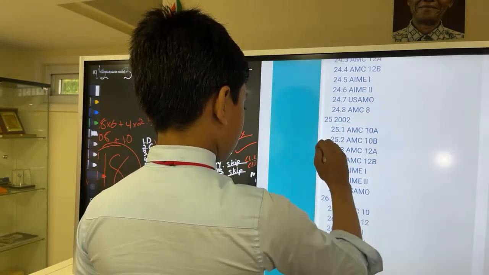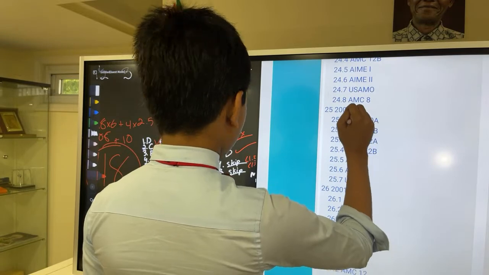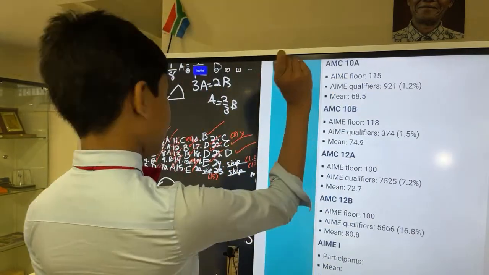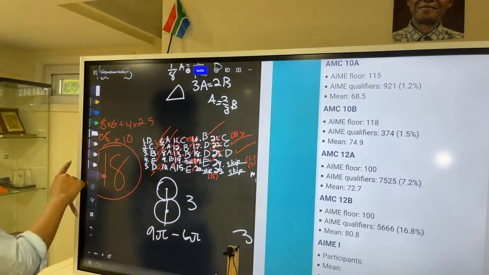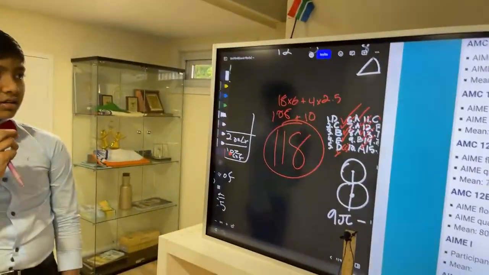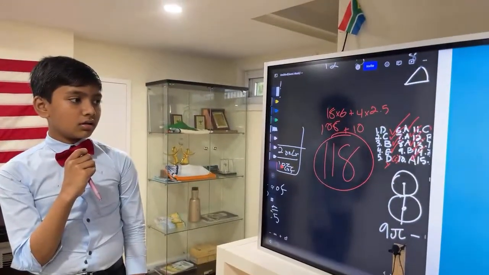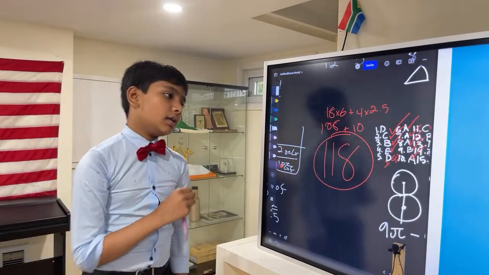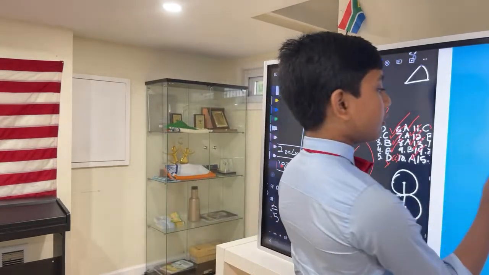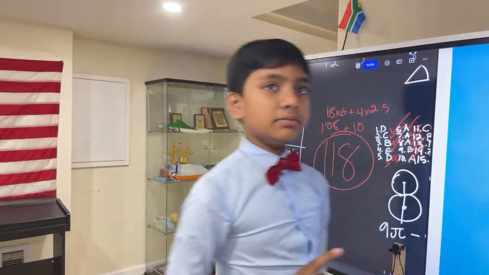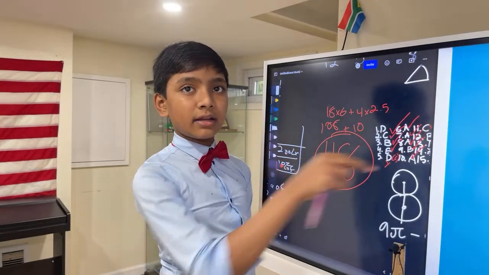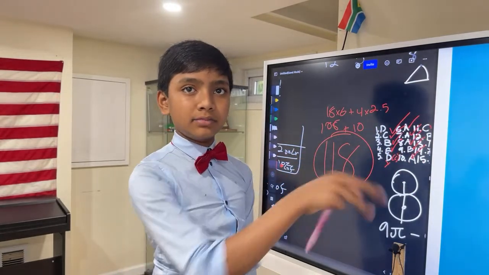All the way back. Okay, I want to see the cutoff. 2002 AMC 10A. 115 is the cutoff, and you got 118. Yeah. So you barely made it. Not that impressive, right? Well, the thing is, the cutoff is much higher than the AMC 12 because the AMC 10 and the AMC 12 people are taking the same exam, but the AMC 10 are taking an easier exam than the AMC 12 people.